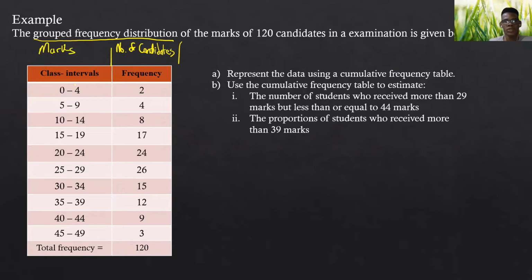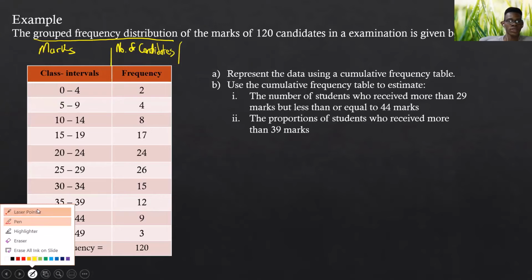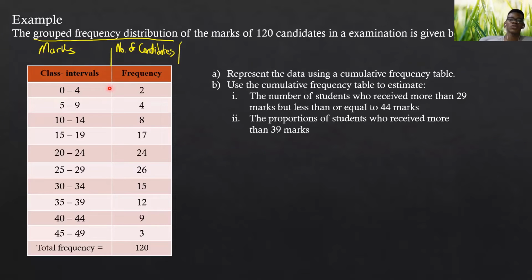I'm not going into the question as yet, I'm showing you how to interpret these frequency tables. This column refers to candidates and this one to marks. So between 0 and 4 marks, two candidates received between 0 and 4.